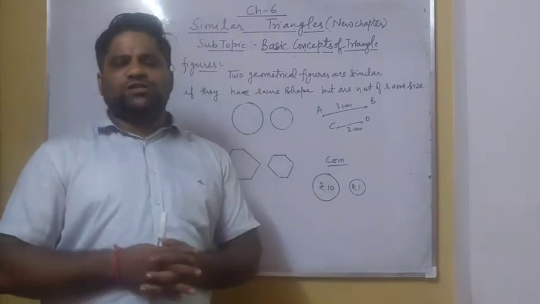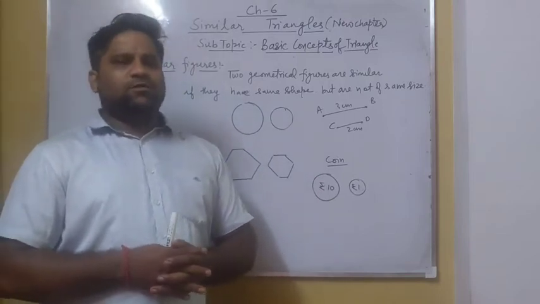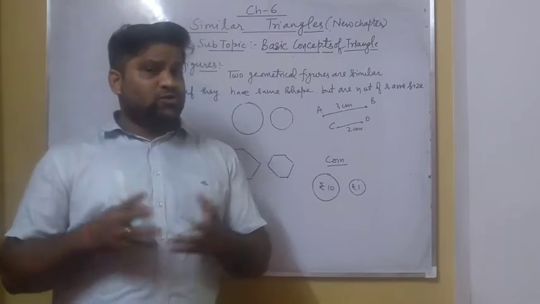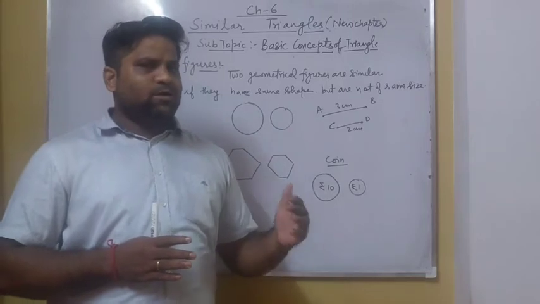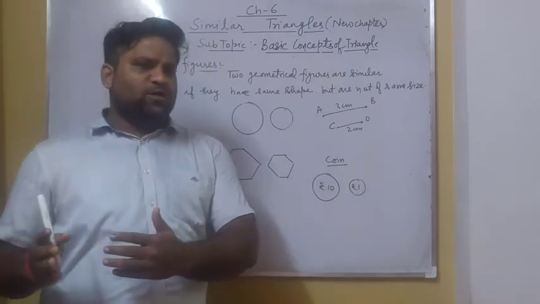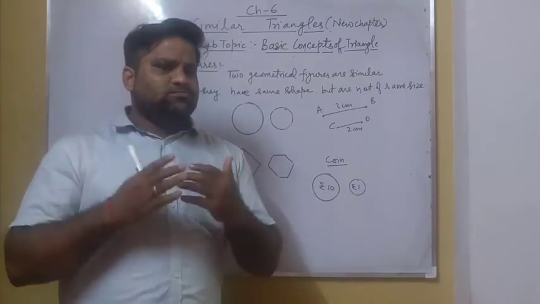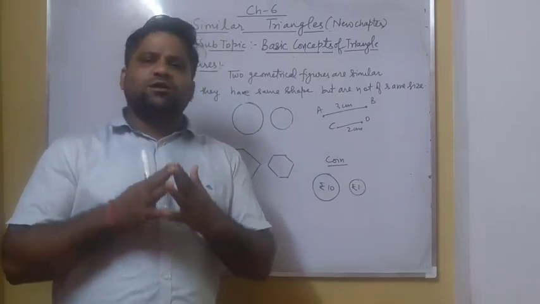We have compared similar figures with congruent figures. Similar figures are those where the shape should be the same, size doesn't matter, and congruent figures are those in which the shape and size both should be the same. That is the difference between similar figures and congruent figures.